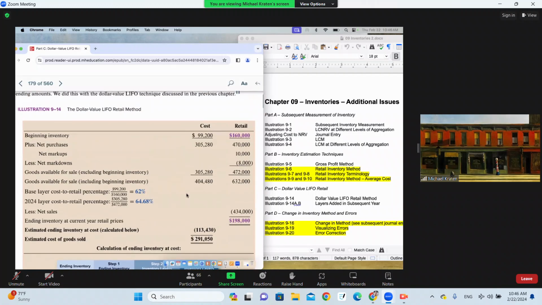Okay, so in my opinion, there isn't really anything new in these examples. I did want to show them to you. There is this one concept that says, instead of one percentage of cost to retail, if you have different components of inventory, it would be a little more accurate to have a slightly different percentage for each one.